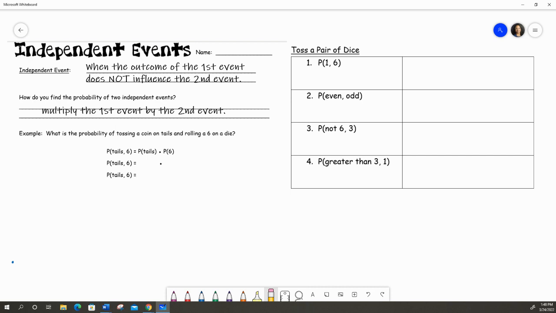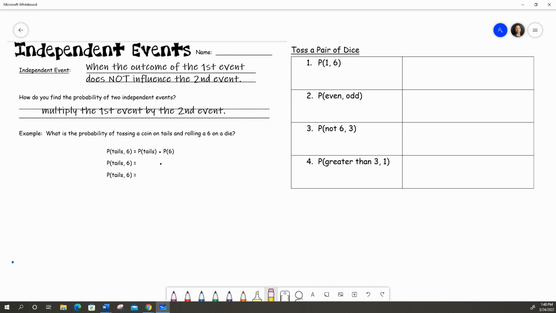So I just want to take a quick moment to talk about some different scenarios of what an independent event is. Let's say we were going to roll a die twice. Rolling the die the first time has no influence or no effect on what's going to happen when we roll the second die. Let's say we're flipping a coin. Flipping a coin the first time is not going to have an effect on when we flip a coin a second time.